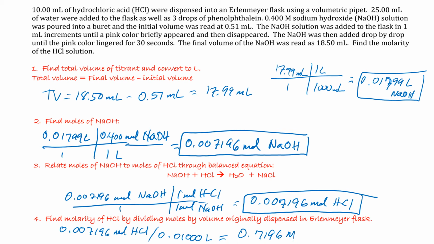So divide it, 0.7196 M. The 3 drops don't count for sig figs. When you're doing your math, the smallest number of sig figs was from the 0.400. So that would mean my answer is going to be 0.720 molar HCl.